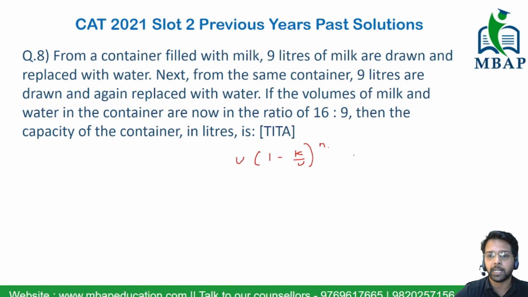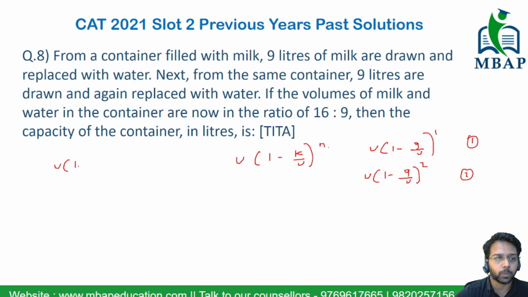So after one replacement of 9 liters of milk, the final amount will become V times (1 minus 9 upon V) raised to 1. This is after the first replacement. Similarly, after the second replacement, it's going to be V times (1 minus 9 upon V) the whole squared. Now, what is the amount of milk which is left? The amount of milk which is left is basically 16K.